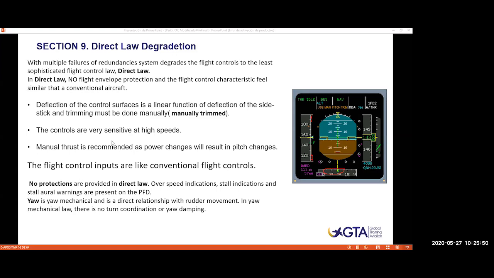So remember that in direct law the flight control inputs are like conventional flight controls. Important: no protections are provided in direct law. We don't have overspeed and stall protections, but we have indicators, and all of these are present on the PFD.